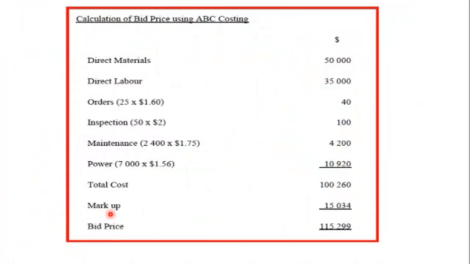And the markup on it, 15,034, give you a bid price of 115,299. So this is almost, or just under 5,000 less than the traditional costing using job costing.